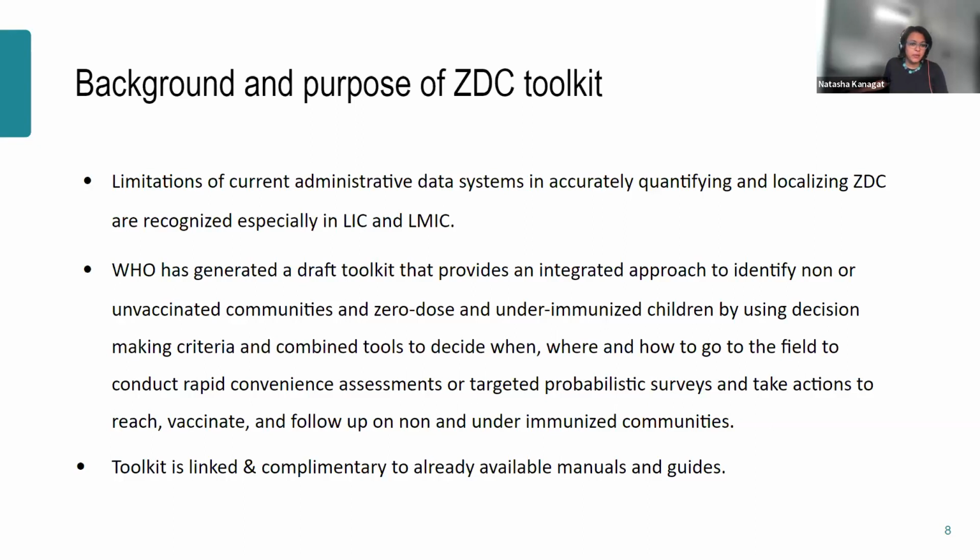In response, WHO has drafted a toolkit that provides an integrated approach to identifying non- or unvaccinated communities as well as zero-dose and under-immunized children by using decision-making criteria and combining tools to decide when and where and how to conduct rapid convenience assessments or targeted probabilistic surveys and take actions to reach, vaccinate, and follow up on non- and under-immunized communities. The toolkit is complementary to existing manuals and guides.